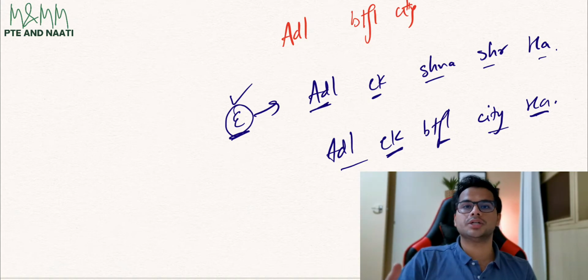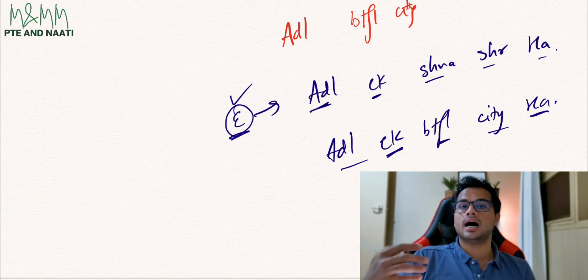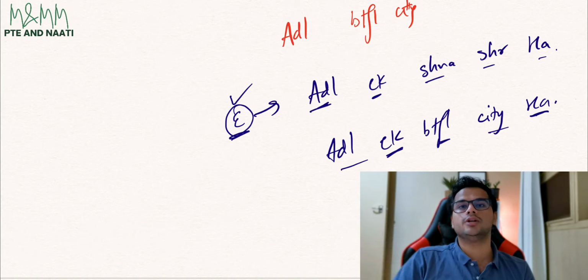Now again, your question to me could be, hey, if I'm mixing these two languages, especially these two words, how would I be able to figure out which language I actually need to speak out? Won't I get confused as to which language I need to translate that in?